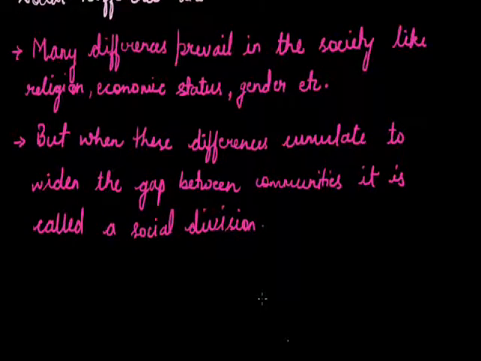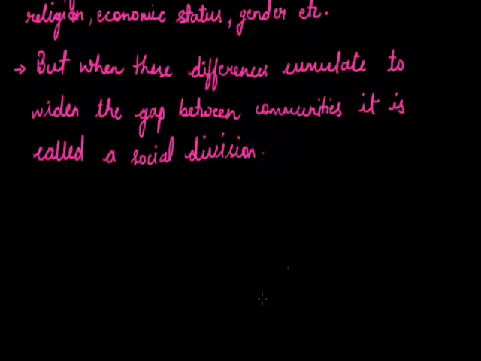Social differences can broadly be grouped into two parts: overlapping social differences and cross-cutting social differences.